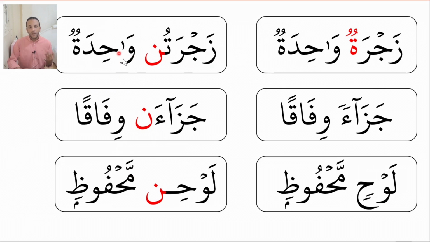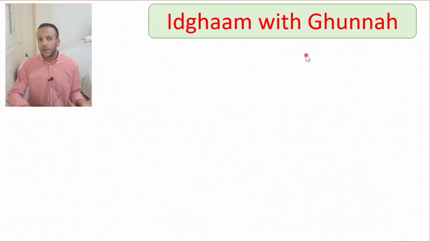You know that waw is one of the four letters of the rule of Idgham with Ghunnah, and these are the conditions we need to apply this rule. I wrote this here to make it clear that this is the sound of Tanween, and that's why we apply this rule also in the case of Tanween, because it is the same sound as the consonant letter noon.